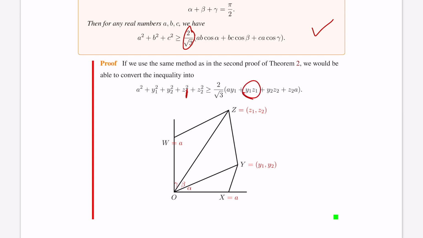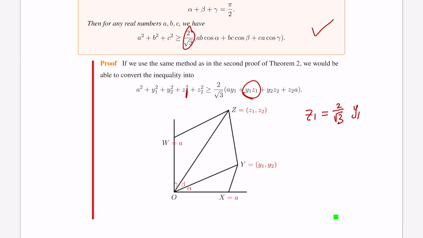And so this inequality is true for any z1. So we can take z1 to minimize it. That means if I take z1 to be 2 over square root 3 y1, then we can reduce this inequality into the following.